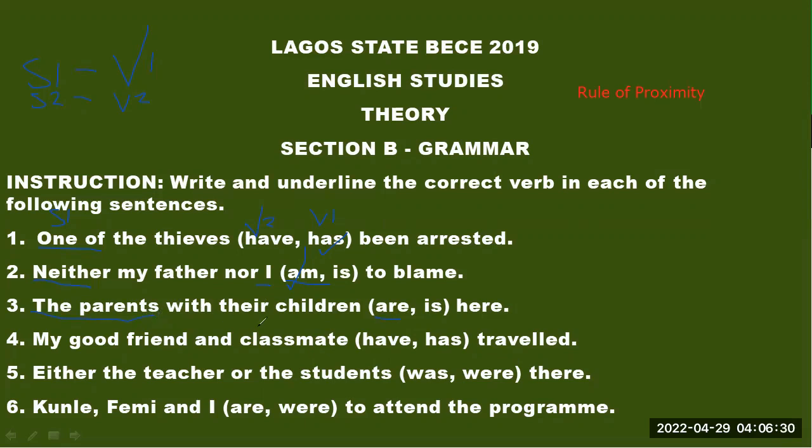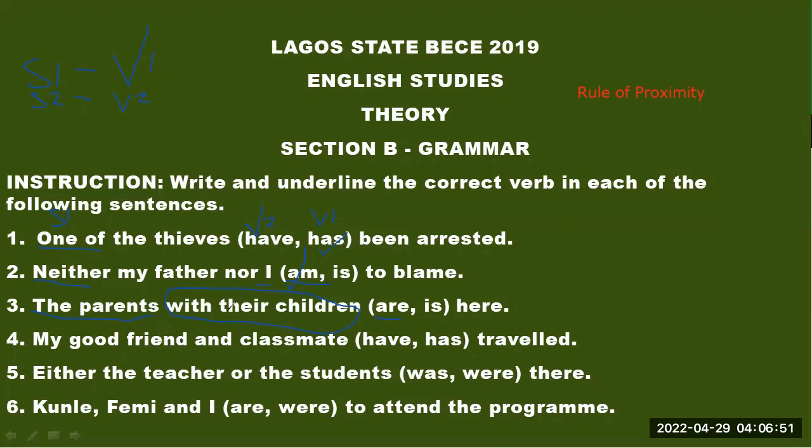The parents with their children. So with their children is something of an afterthought. So whenever you have with, or along with, or together with, then this is what determines the choice of the form of the verb, and this is an afterthought.